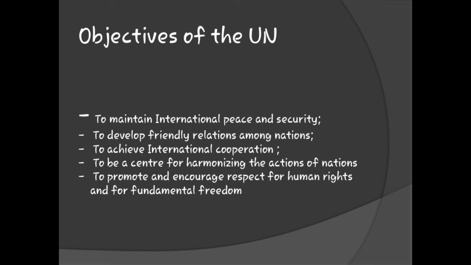With destructive weapons being invented more and more, too many nations were into a race, which was known as the armament race. Armament race means they were all trying to invent more destructive weapons and use them. Disarmament became an objective where the UN wanted the nations to give up their weapons. So that is disarmament.